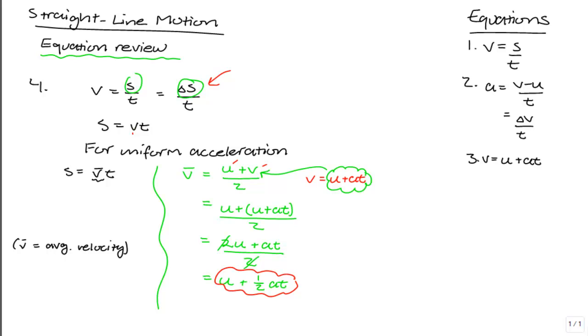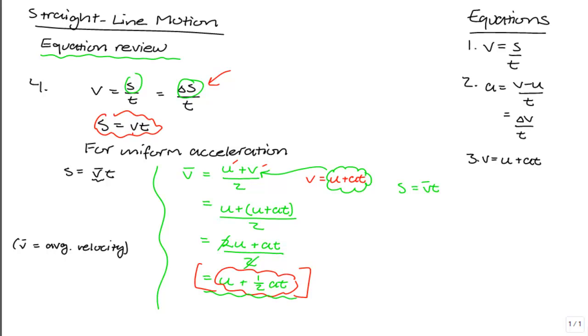So now we can substitute everything that we just worked out for average velocity into this equation. Remember we had s is equal to v average times t. And we know v average is equal to u plus half at.